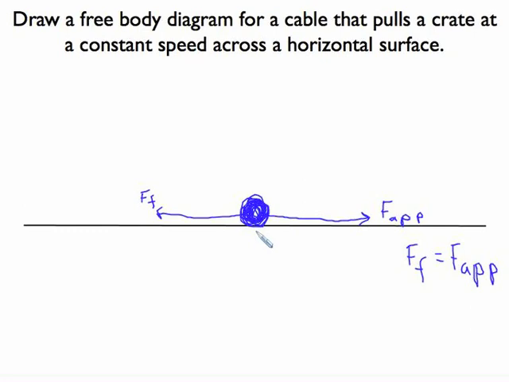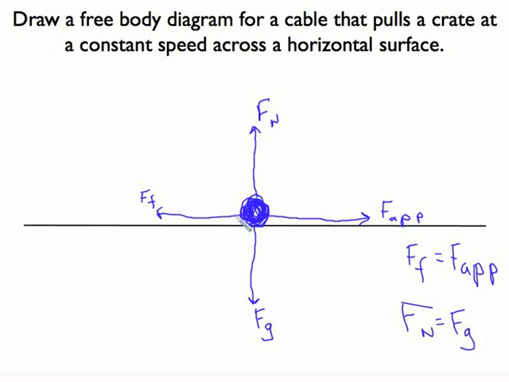And then since this crate is sitting on a surface, there's a gravitational force. You always have that one. And that gravitational force is pushing downwards. And the normal force of the table, or the ground, is pushing up on the crate. And the normal force is equal to the gravitational force.